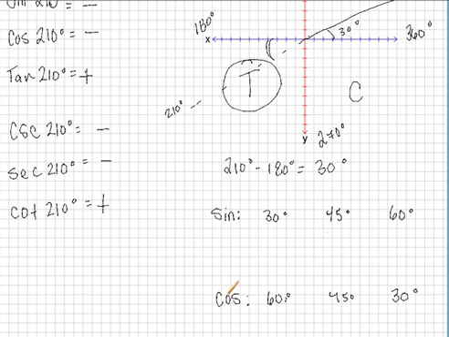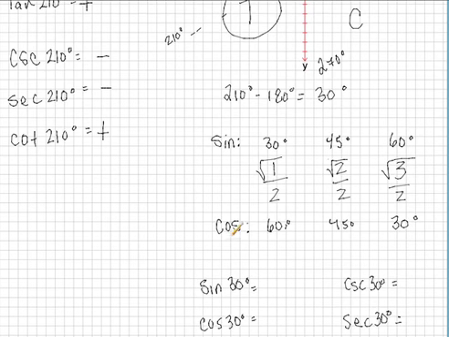Then figuring out what these 2 functions are equal to here is easy as 1, 2, 3. So we're literally just going to write down 1, 2, 3 in order. Take all of these numbers and put them all over 2. And go ahead and take the square root of everything. So this is how I've always found sine and cosine for my reference angles. Not very fond of the unit circle.